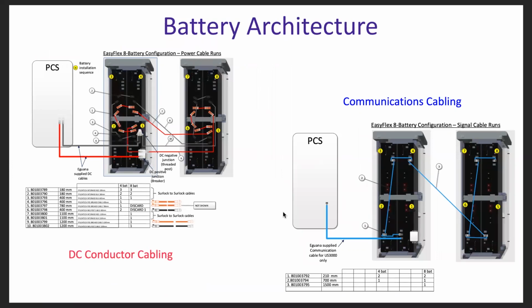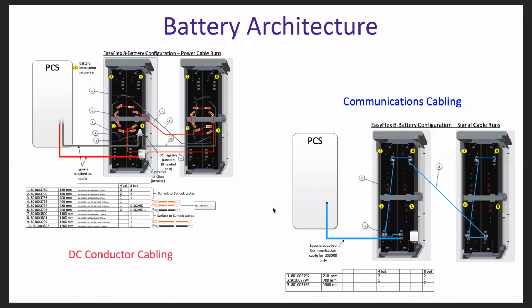I won't get into too much detail here, but the battery architecture is shown on this slide. Both the DC conductor cabling as well as the communications cabling for the LFP battery modules. The connections are laid out in detail and specific for the cables provided with each system and are shown a little bit more clearly in the install manual.